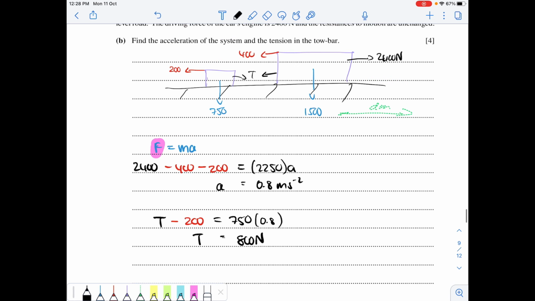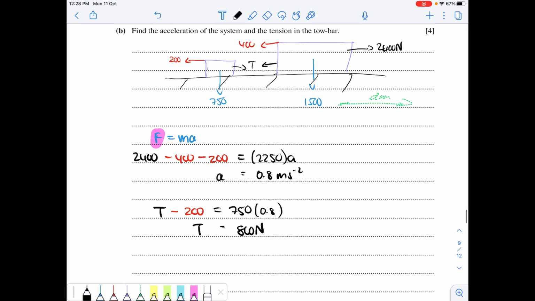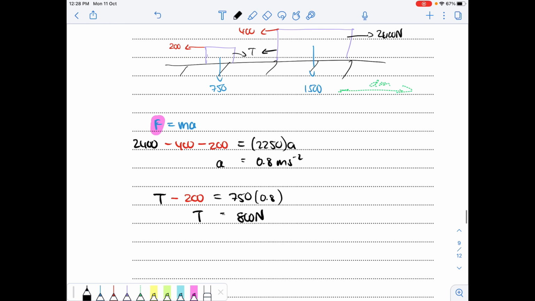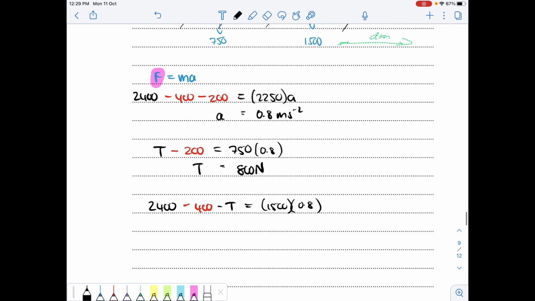And just to demonstrate, we could have done this from the other part as well. So if we'd considered rather the forces acting on the car, we have 2,400 newtons going in the direction of motion. We have 400 newtons against, and also we have that tension against motion, the tension from the trailer. The mass of the vehicle is 1,500, and the acceleration of the whole system, and therefore the individual components, must be the same.